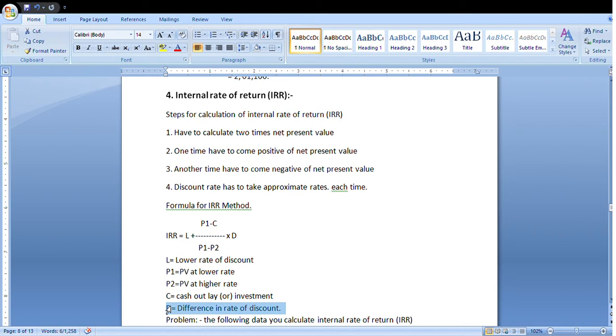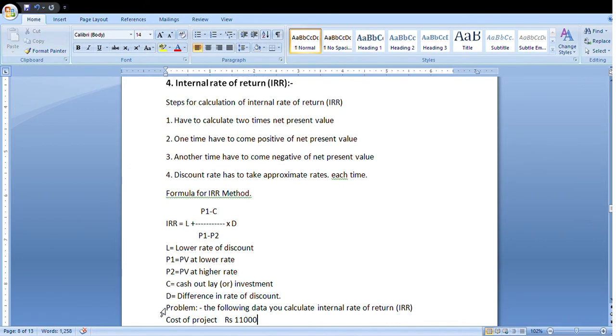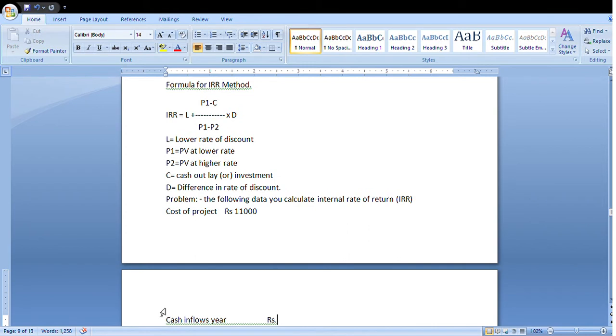D is equal to the difference in rate of discount. You already take two discount rates, and that difference is called D. For example, take one 10%, another 12%. The difference of the two discount rates is 12 minus 10.